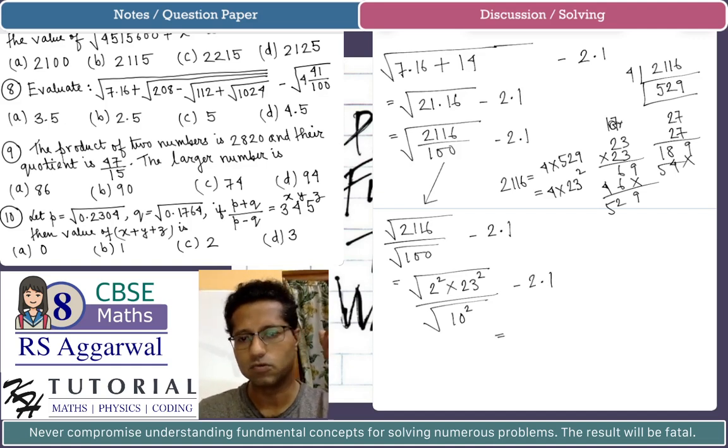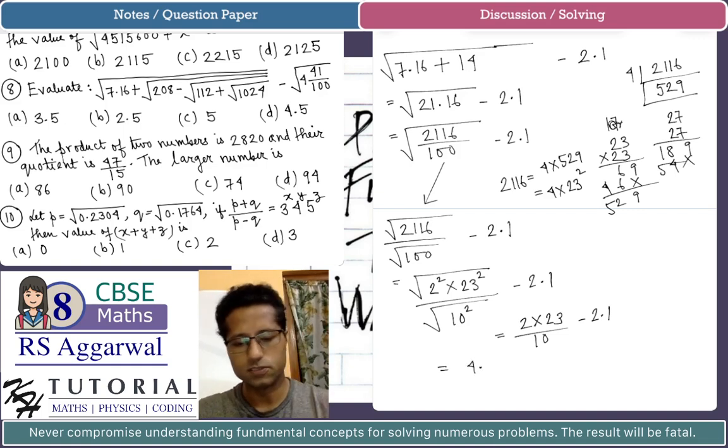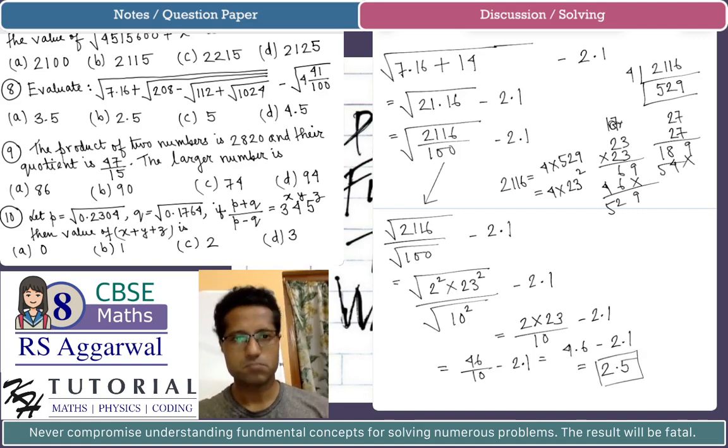So the square root of 2 square multiplied by 23 square is 2 into 23, and the square root of 100 is definitely 10, minus 2.1. So this is equal to 46 by 10 minus 2.1. This is 4.6 minus 2.1. This is 2.5. So 2.5 is the simplified value of the given expression.